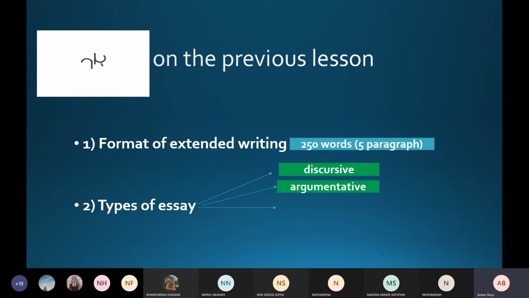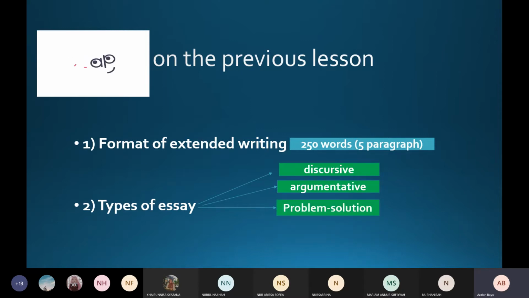In argumentative, you have to take a stand whether you agree or disagree. If you agree, you have to give 3 points, and one more point is the counter argument. And if you disagree, the same thing happens, right? But you have to take a clear stand. You don't give a balanced opinion like discursive.